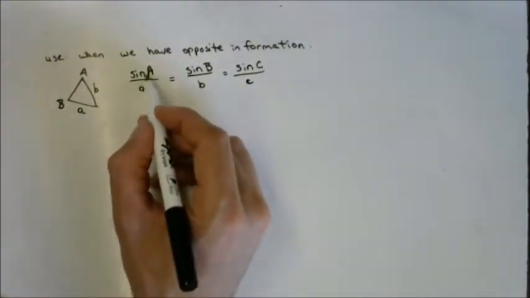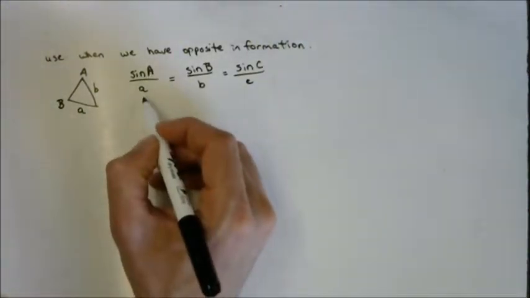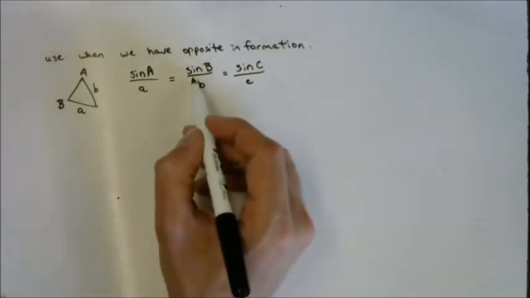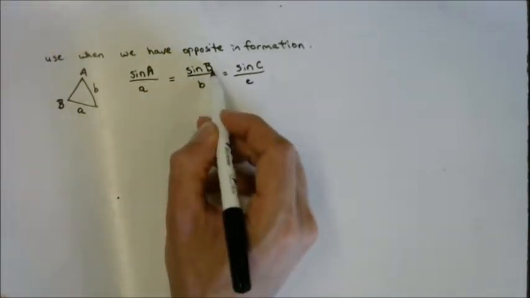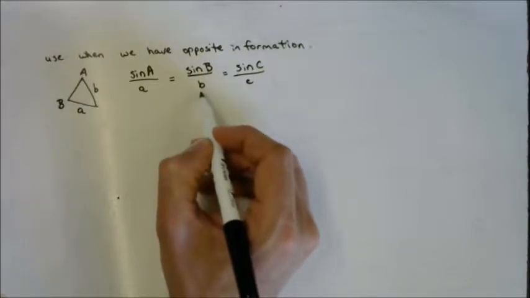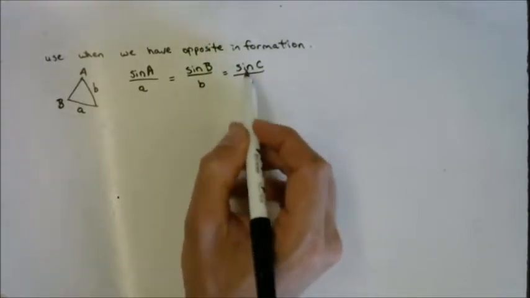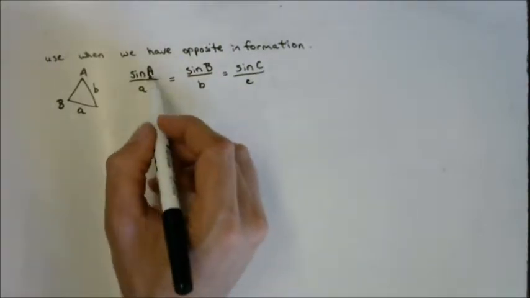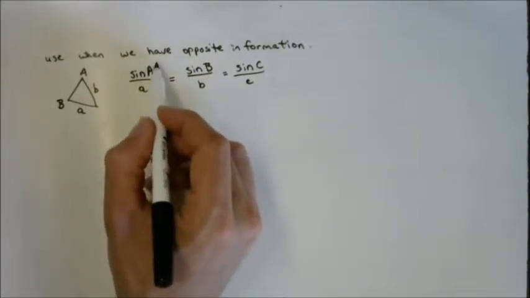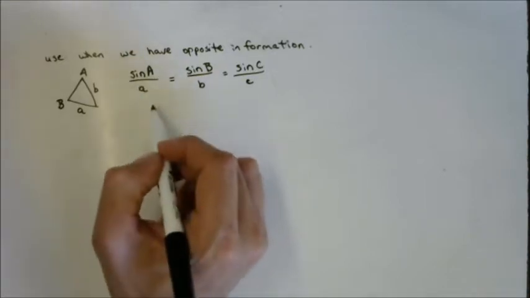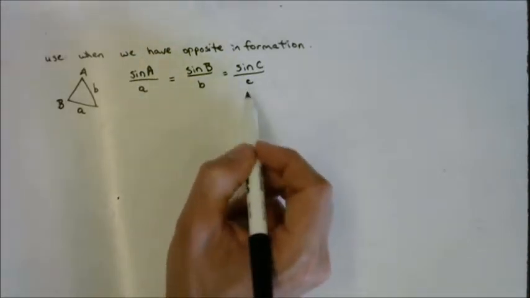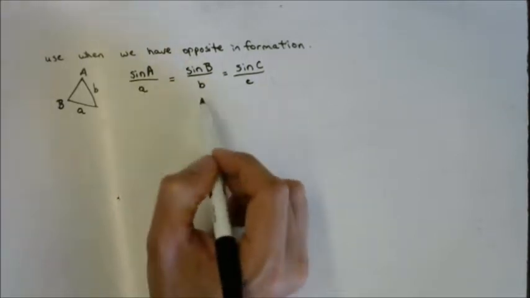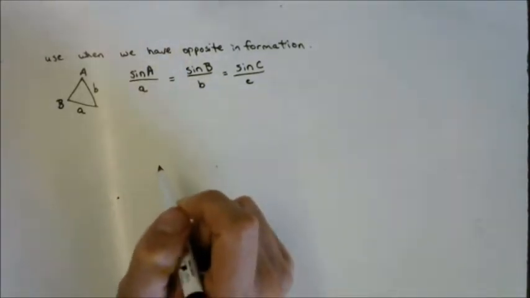So if you take the sine of angle A and divide it by the length of side A, that's the exact same value as taking the sine of another angle and dividing it by the length of its opposite side. And it's the same with the last side and angle as well. So that's why you need what we call opposite information, because you need one of these ratios to be complete, and then you need one piece of one of the other ratios. So out of the four pieces, you need three, and then you can find that missing piece. Hopefully that all makes sense.